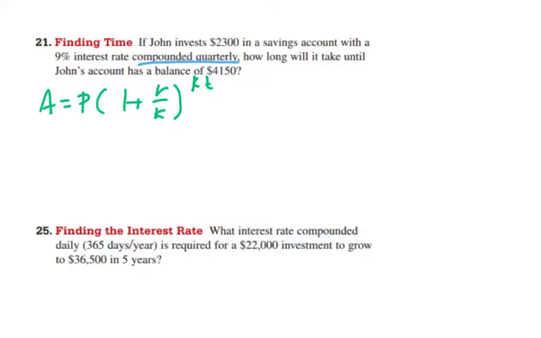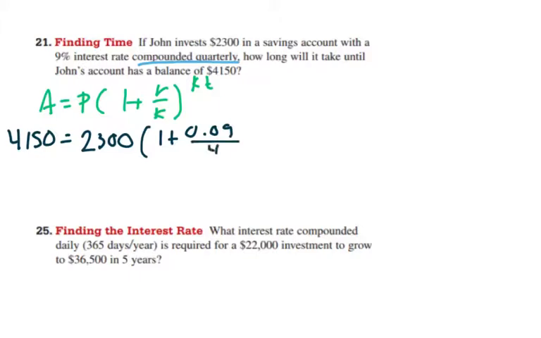Alright. So plugging in what we have, he's investing the initial value of $2,300. He wants the ending result to be $4,150. His rate is 9%, so 0.09.